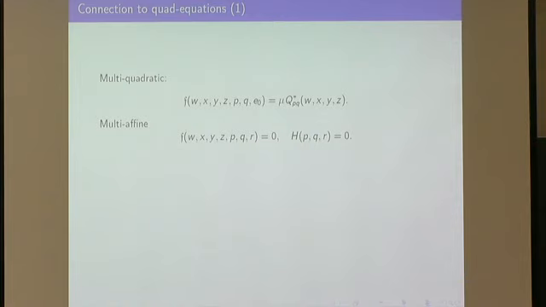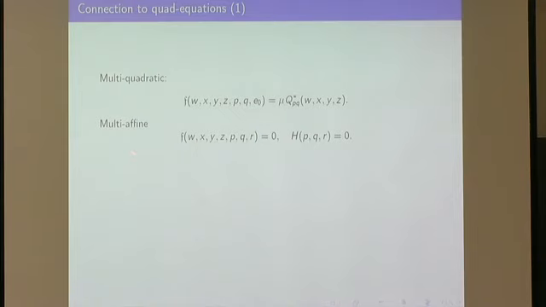The ones that involve r, they just degenerate and are squares of multi-affine ones. So in this way, we recover some polynomial which I'll denote Q star, which depends on W, X, Y, and Z, and which is quadratic in those variables. And that's the familiar multi-quadratic quad equation, and P and Q have the interpretation of lattice parameters, and one has the multidimensional consistency.